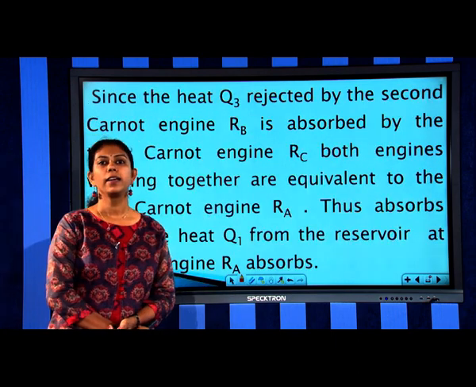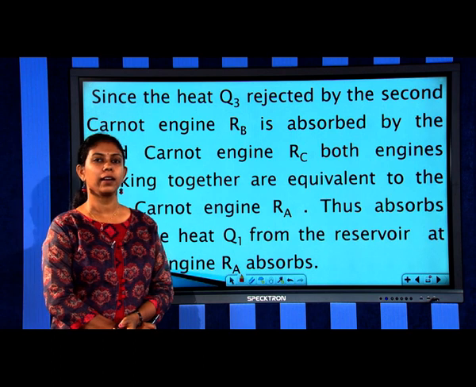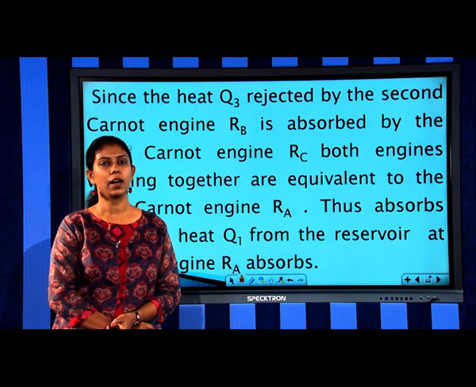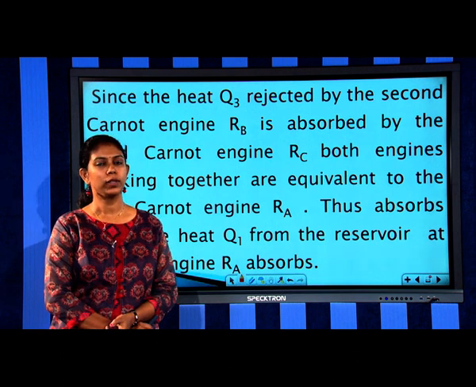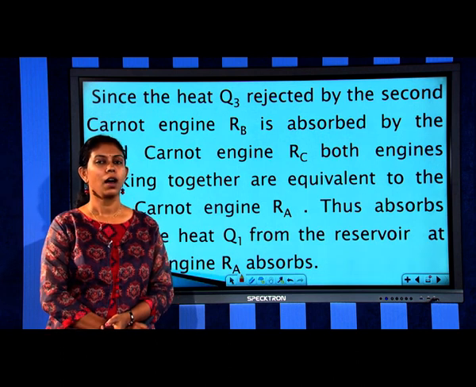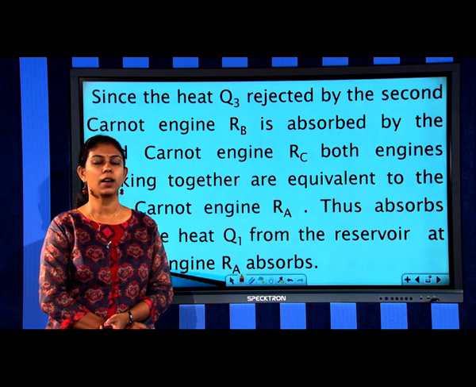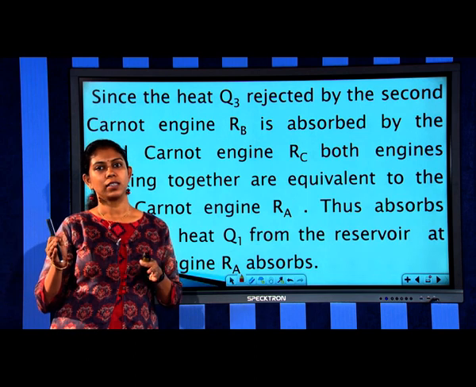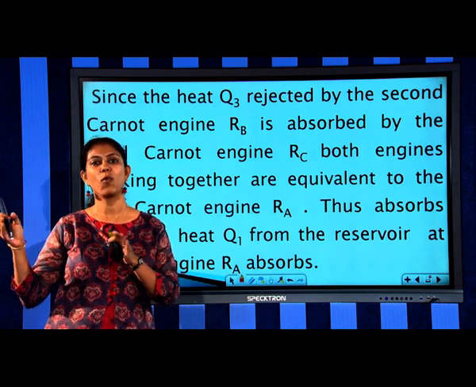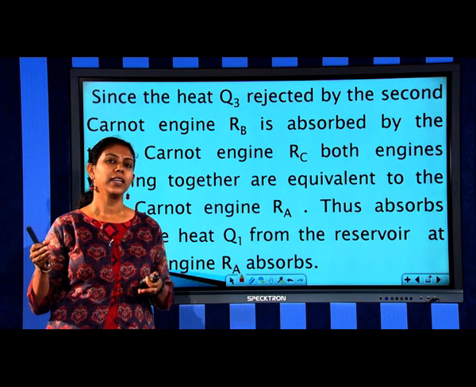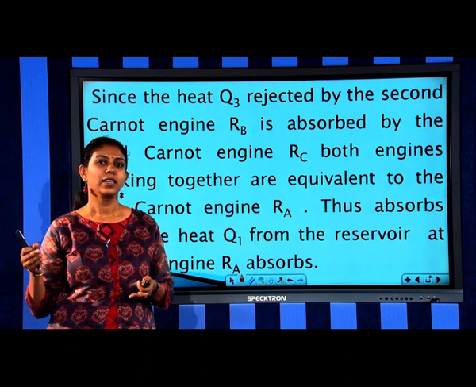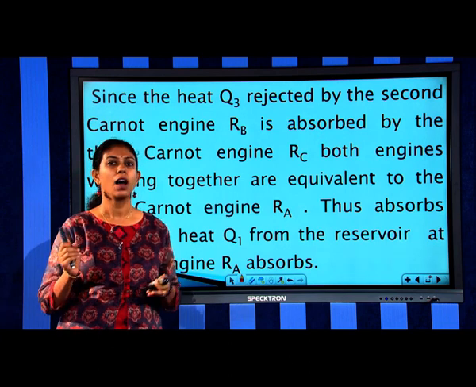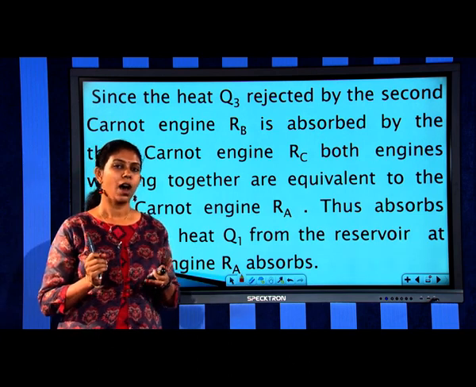Since the heat Q3 rejected by the second Carnot engine RB is absorbed by the third Carnot engine RC, both engines working together are equivalent to the first Carnot engine RA. That means RB and RC, these two engines, work as a single engine like RA, and thus absorb the same heat Q1 from the reservoir at T1 that engine RA absorbs.